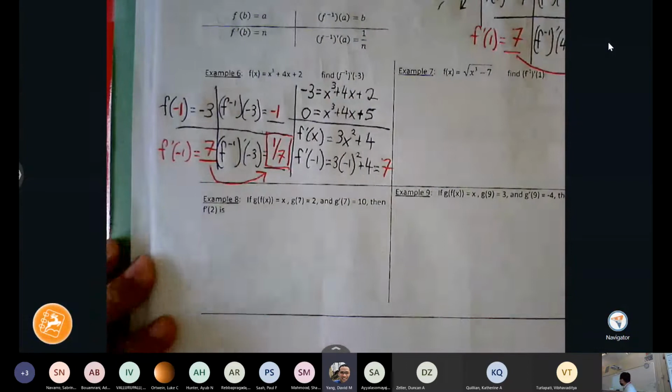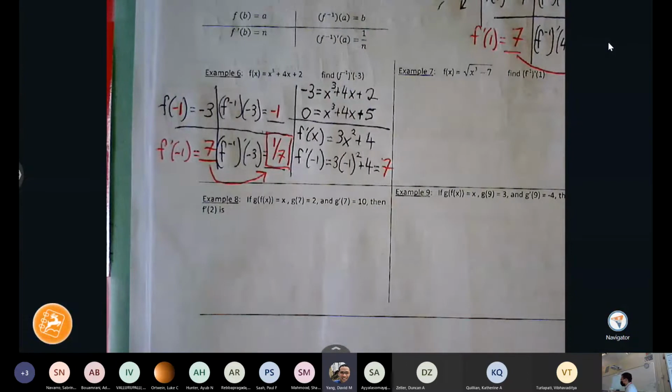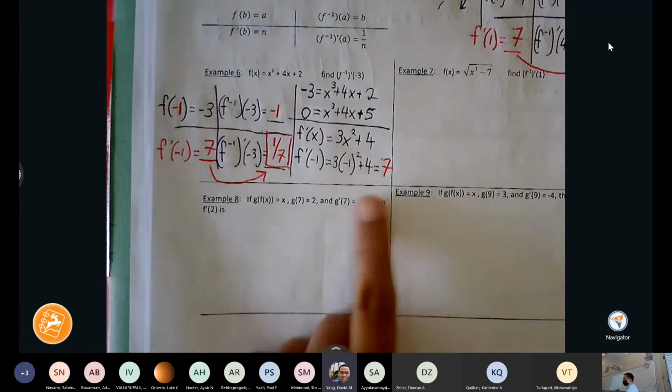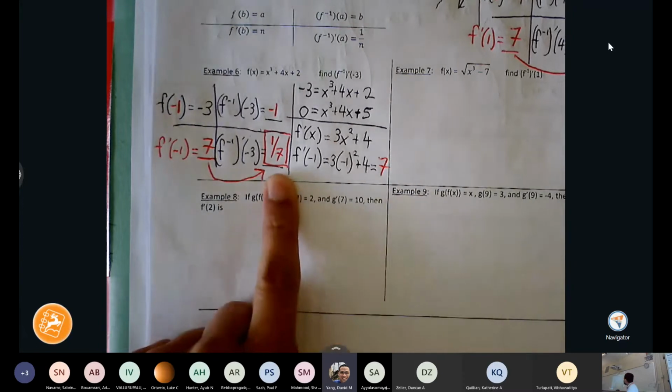Okay, so all these problems are going to follow that initial step. Whatever number they give you, it's really the y value of the original function. Put that number into the y position of your function and solve for x. Once you solve for x, you have a number to evaluate the derivative. So find the derivative of f, plug in that number that you just found, find the slope, and then flip that slope to get the slope of the inverse.